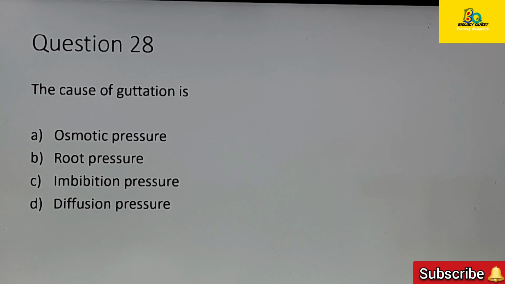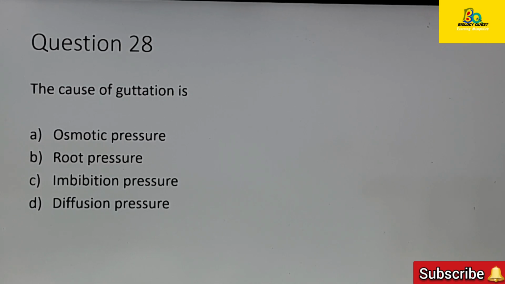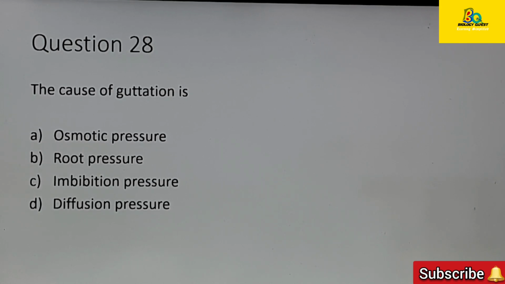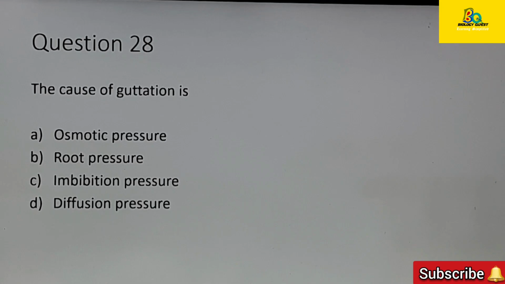This loss of water in the form of water droplets through specialized structures called hydathodes is called guttation. So what is the cause of guttation? It is root pressure, the pressure that is developed in the root. The correct answer is option B, root pressure.